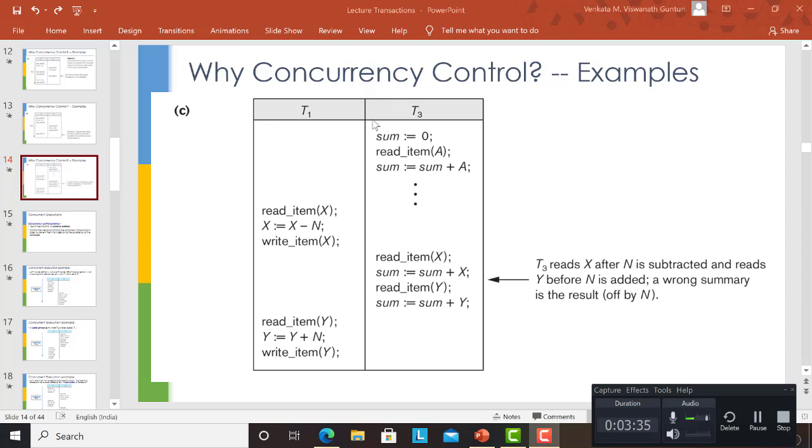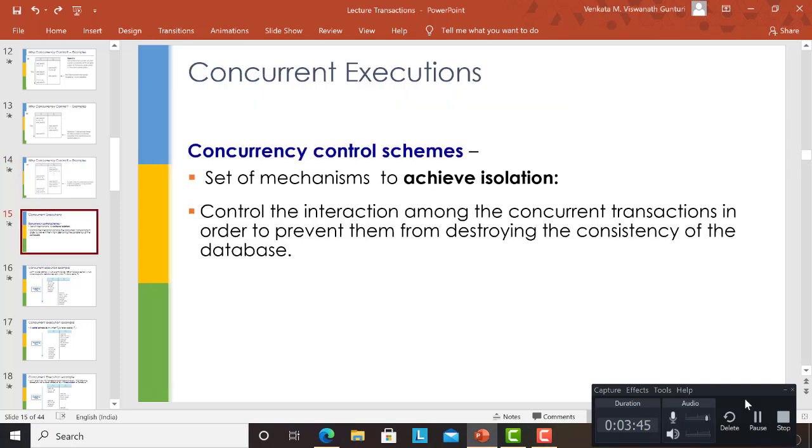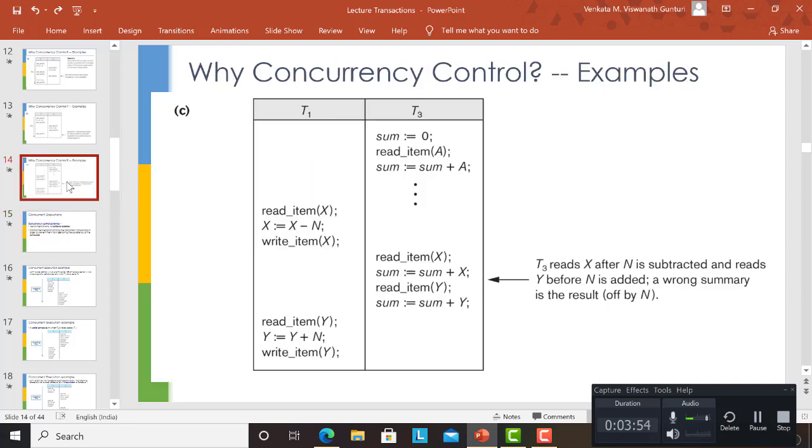Just another example of what should be avoided under the isolation requirement of the databases.